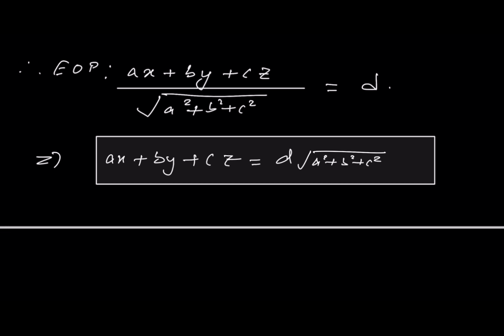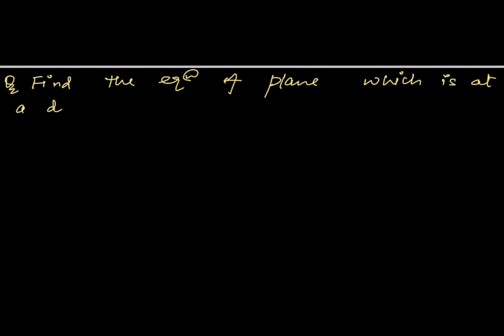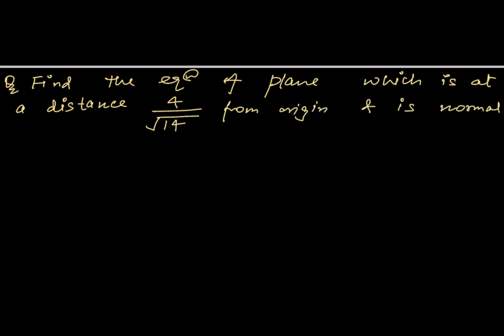Let's start. Question 1 is: find the equation of the plane which is at a distance 4 over root 14 from origin and is normal to the vector 2i cap plus j cap minus 3k cap.